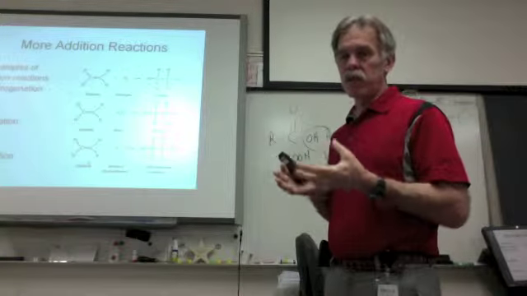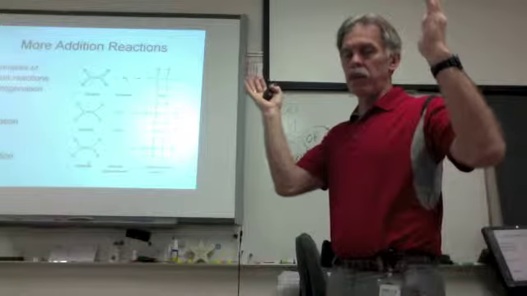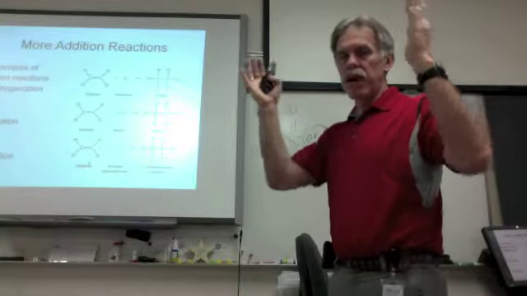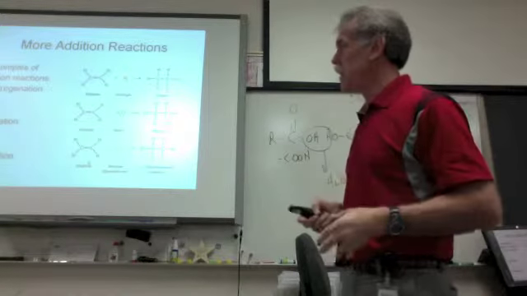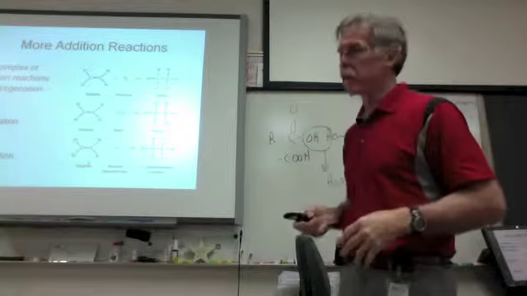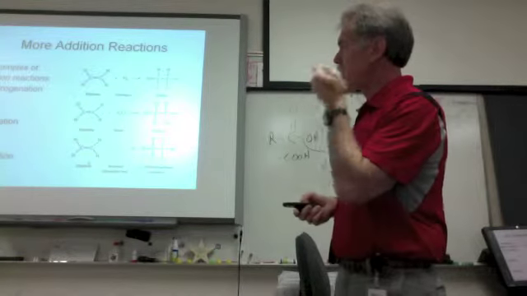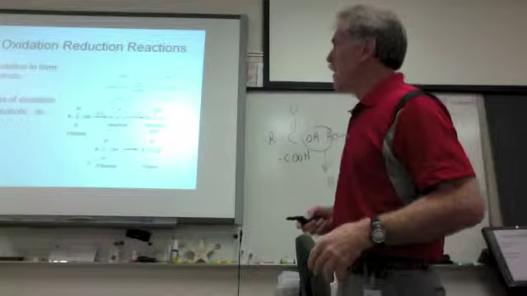I've got them all starting with a double bond, and then we end up with a single bond, and both of the things we're adding end up on the two new legs. If it's a triple bond, same thing happens. Two legs fold up, and now we have a double bonded compound. H2, H2O, Br2, those are examples of addition reactions.